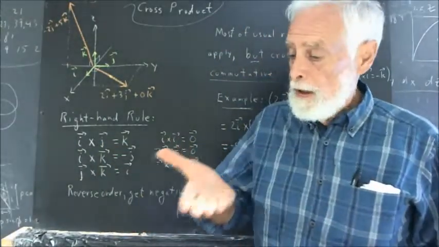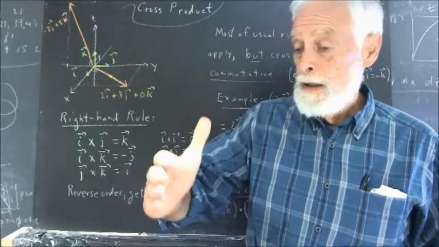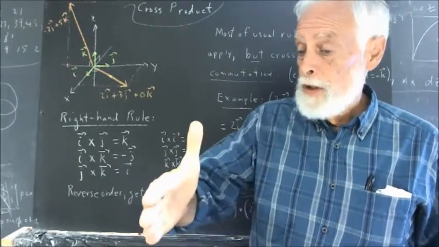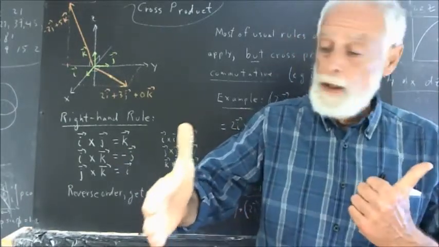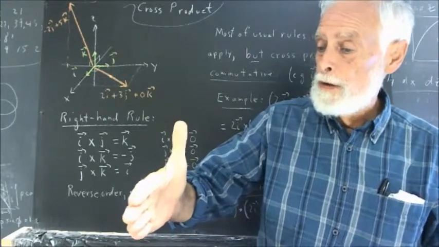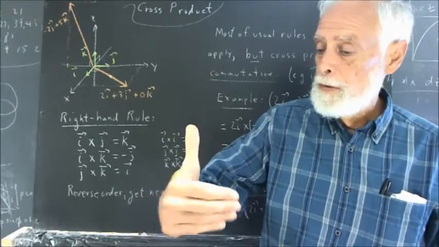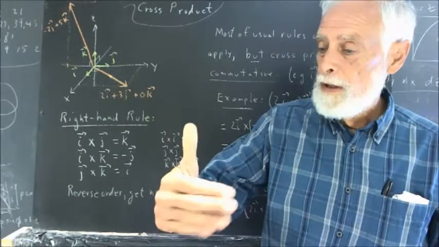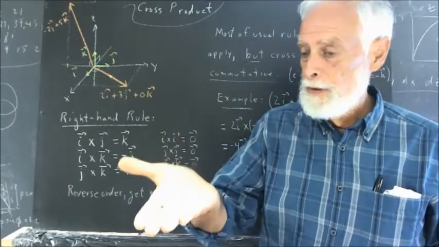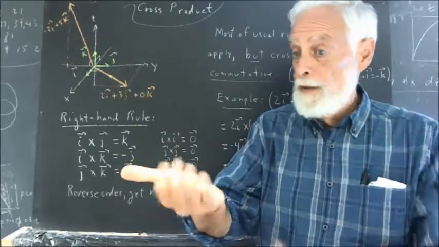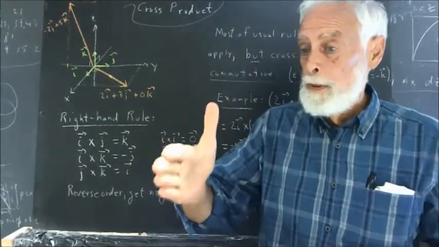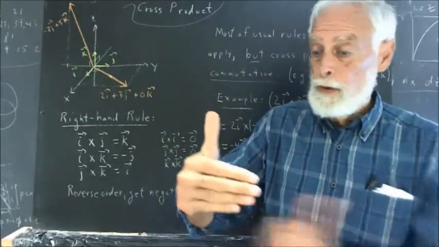The vector i goes in this direction, and the vector j is over here. So if we want to turn our fingers from the direction of i toward the direction of j, we're going to have our hand in this position. If our hand was in this position, we could turn the i vector toward the k vector, but we wouldn't be able to turn the i vector toward the j vector.